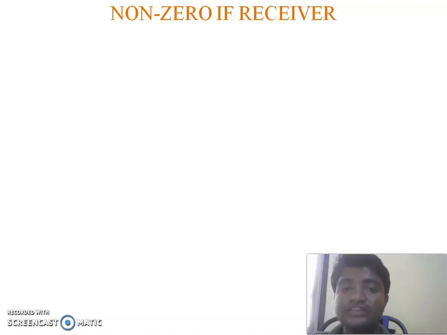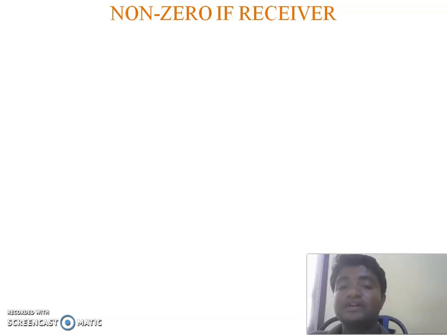To overcome this, we go for the non-zero IF receiver. In this, the intermediate frequency is not 0, it has some high value. If the intermediate frequency is high, the flicker noise will be reduced.